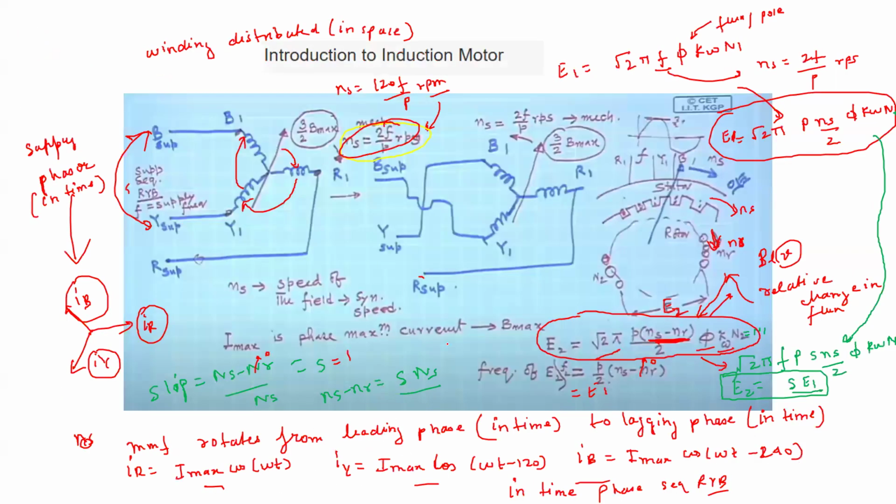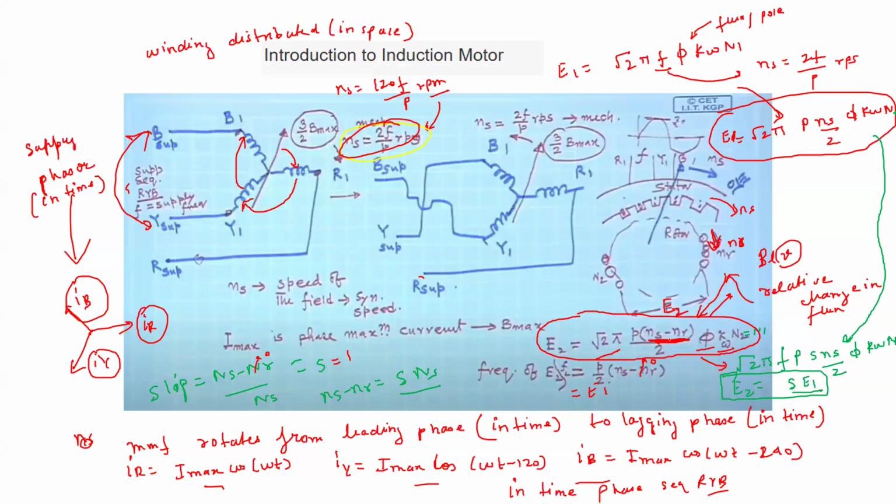When we were writing it as root 2 pi f pi k omega n1, instead of f we were writing it as pns by 2. So here if we write it as root 2 pi f2 phi k omega n2, then you will see that f2 is proportional to ns minus nr.